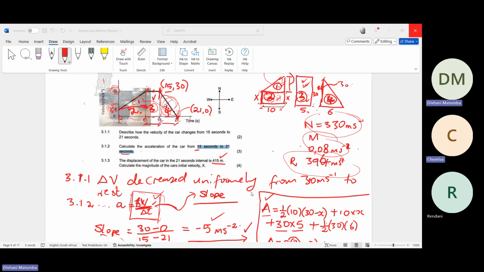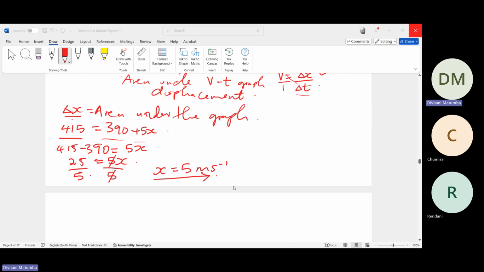Is it velocity? That's correct. Because the slope is change in displacement over time. That is velocity. Like I said, that is velocity. That's perfect.